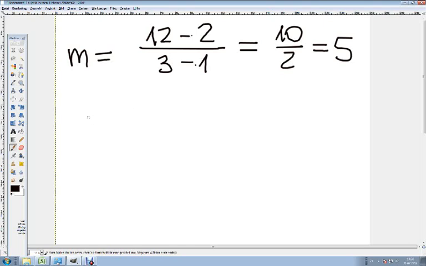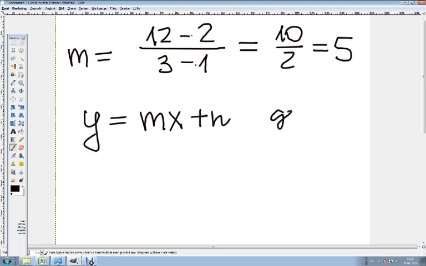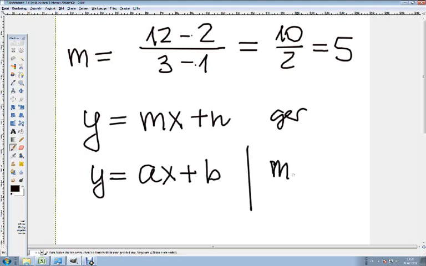Now we have some problem. In German books we can see the line as y equals mx plus n. In the Italian and English books we can see ax plus b, but also m times x plus b.